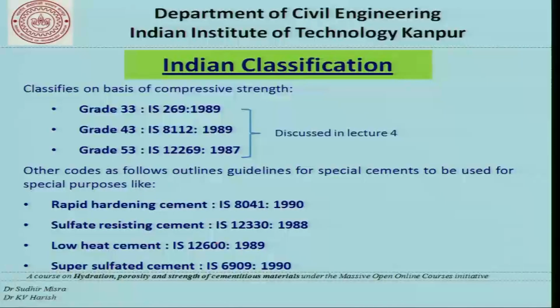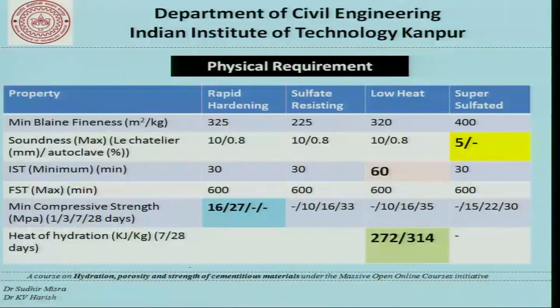Coming to the Indian standards from the same point of view, one basis for classifying the cement in India is compressive strength, and in the fourth lecture we have talked about grade 33, 43 and 53 cements, and other than that we also have rapid hardening cement or the sulfate resisting cement, the low heat cement and the super sulfated cement.